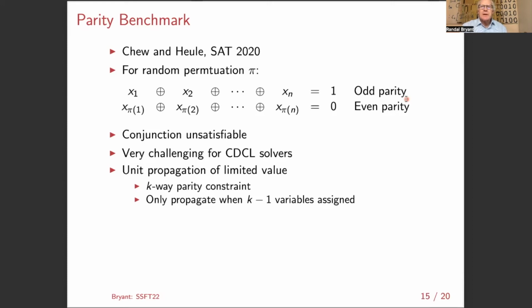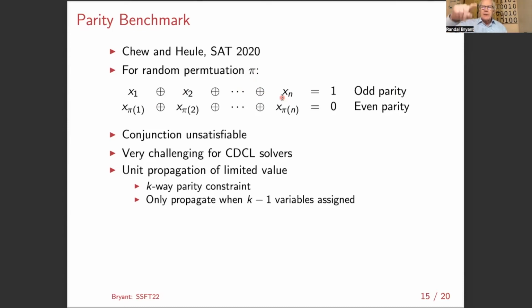In particular, if you think about unit propagation on parity constraints, if there are k variables in that constraint at the high level, not including the encoding variables, then you only get unit propagation if you've assigned values to at least k minus 1 variables. So unit propagation really only helps in this case when we've assigned values to all but one remaining variable.